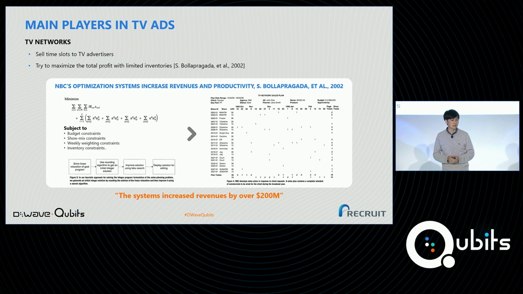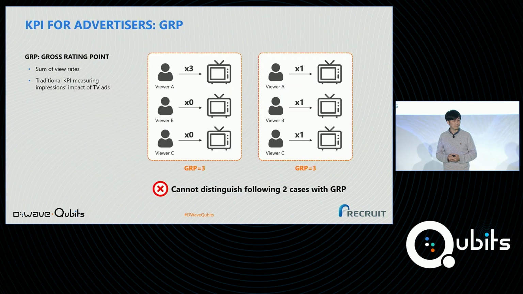They actually increased the revenues by over $200 million. And I thought, maybe I can do something like this. So from now, let me explain the optimization for advertisers like us.